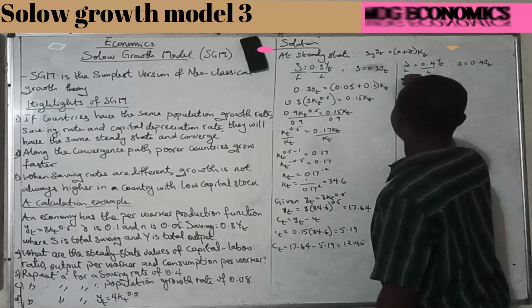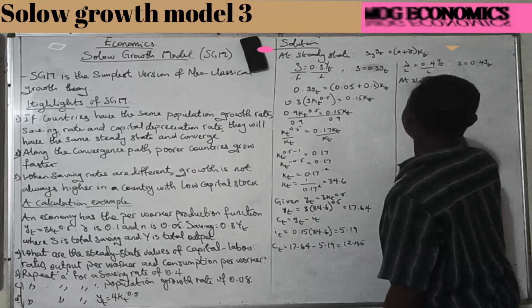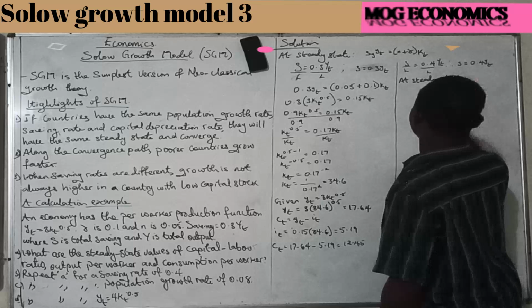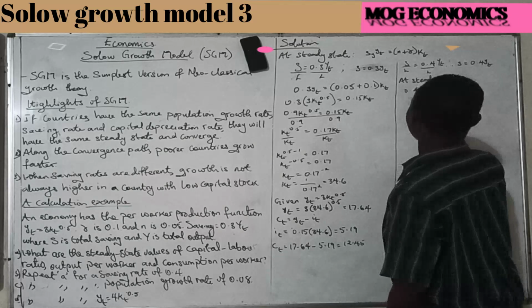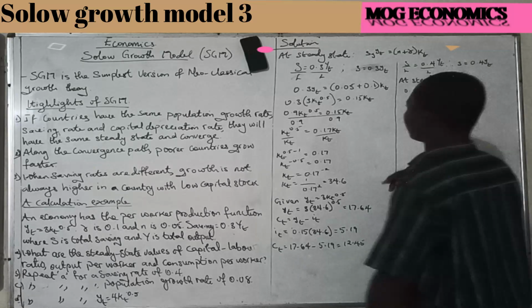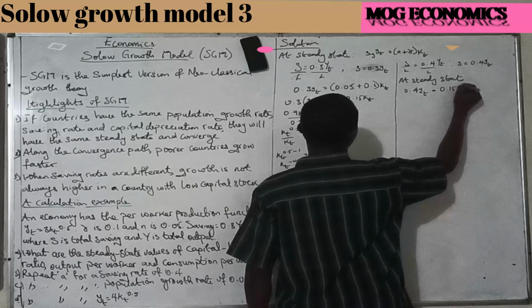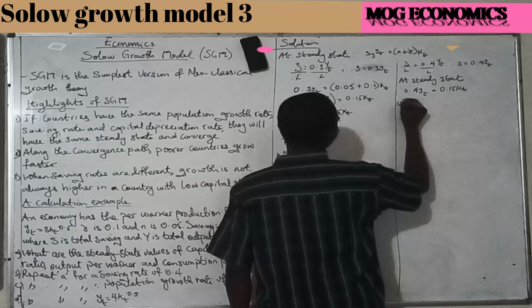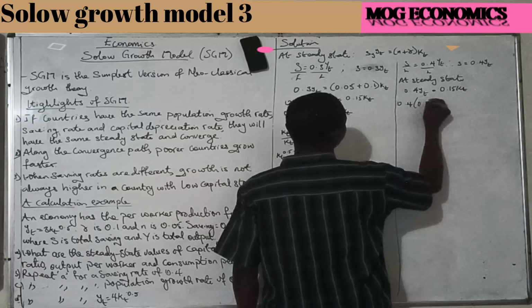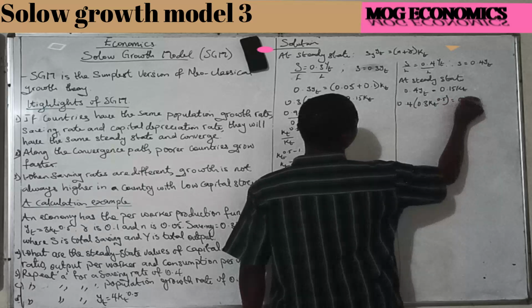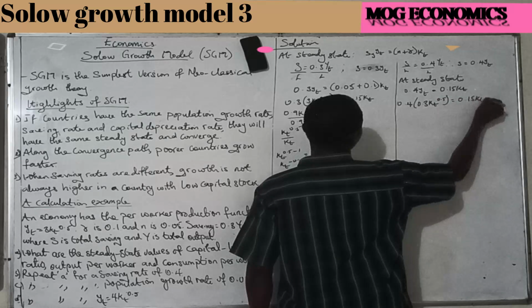So at steady state, 0.4 YT equals 0.15 KT. This time, this is 3, not 0.3. So this is 1.2 KT raised to 0.5 equals 0.15 KT.